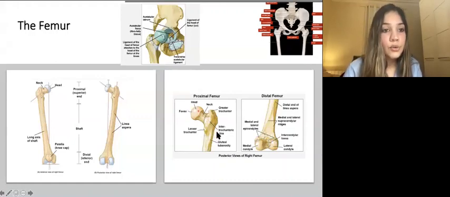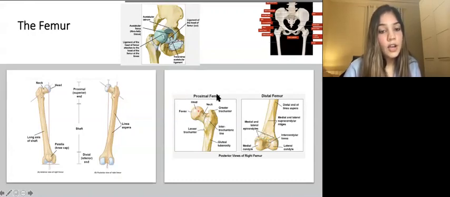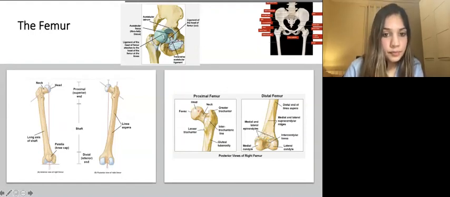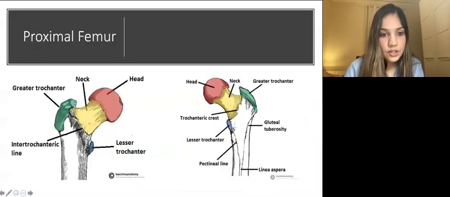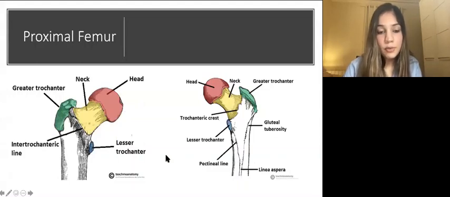But the key thing to know about this bit is that the neck of the femur is a weak point, which is prone to fractures, which can happen at any age, but commonly in the elderly. So here's just a picture that again highlights the main points of the proximal femur that you should familiarize yourselves with.